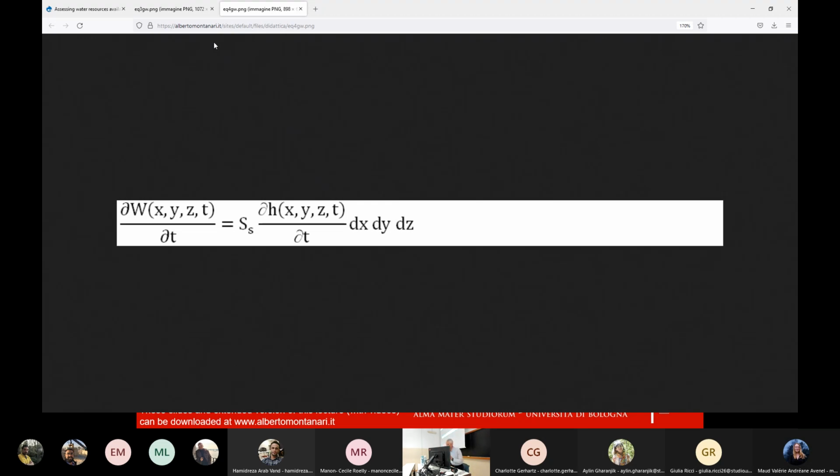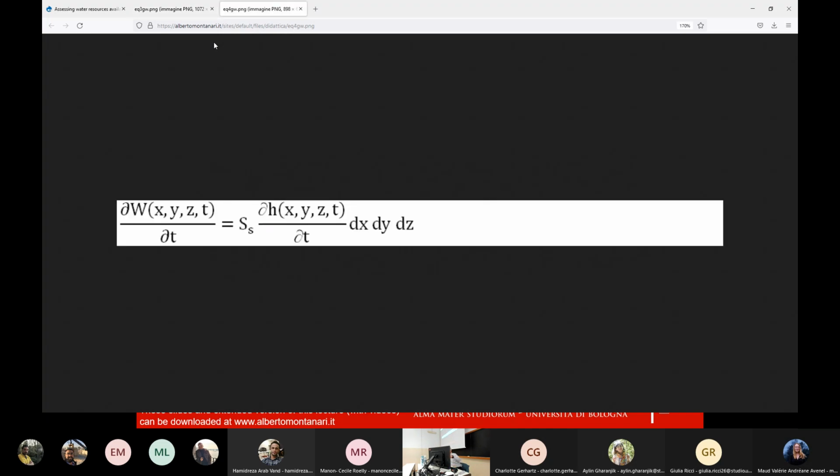Let me go back again to the previous. This is one expression for change in storage. Look at the last line. This is another expression for change in storage. If I combine them, I eliminate the change in storage. Why do I want to eliminate it? Because I cannot measure the storage in an aquifer.